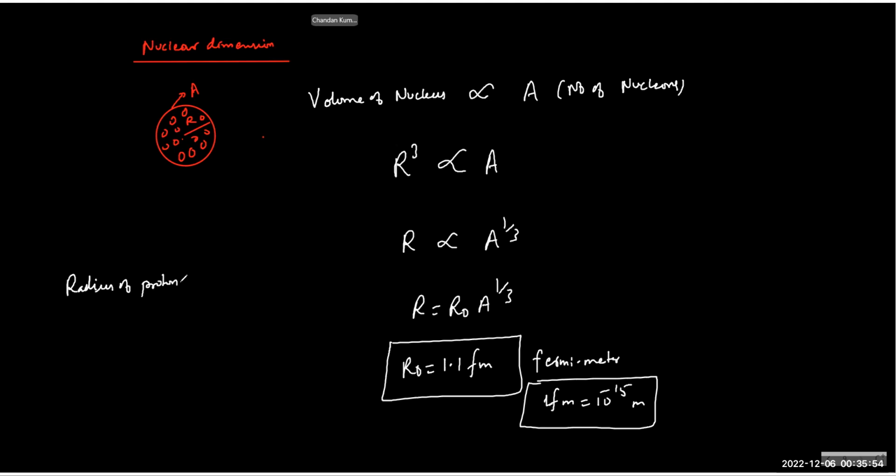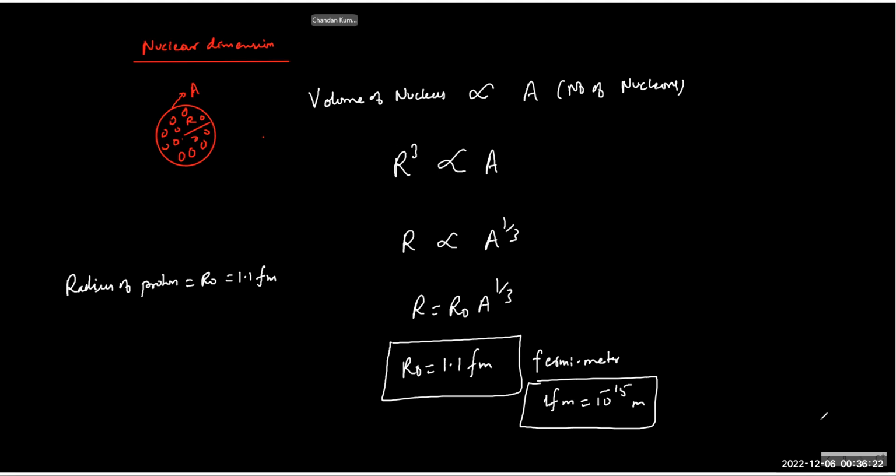Because the hydrogen nucleus is made of only one proton, isn't it? Yes. So the radius of the proton is r naught, which is 1.1 fm, isn't it? Yes, sir.